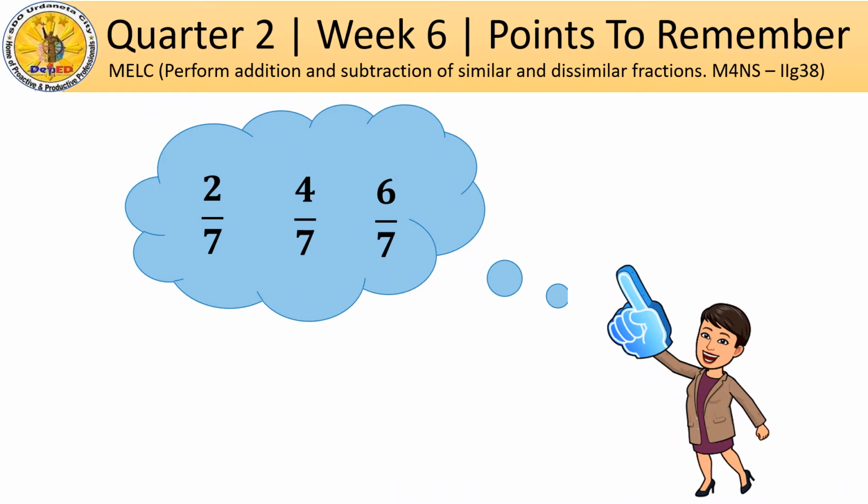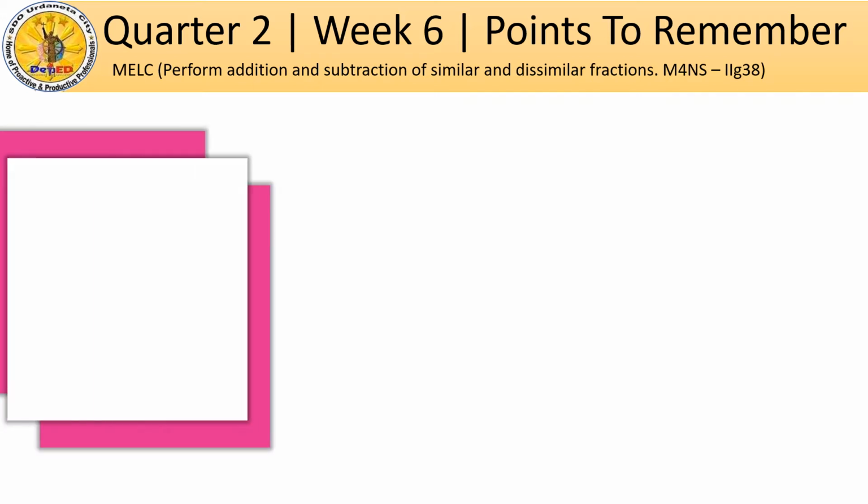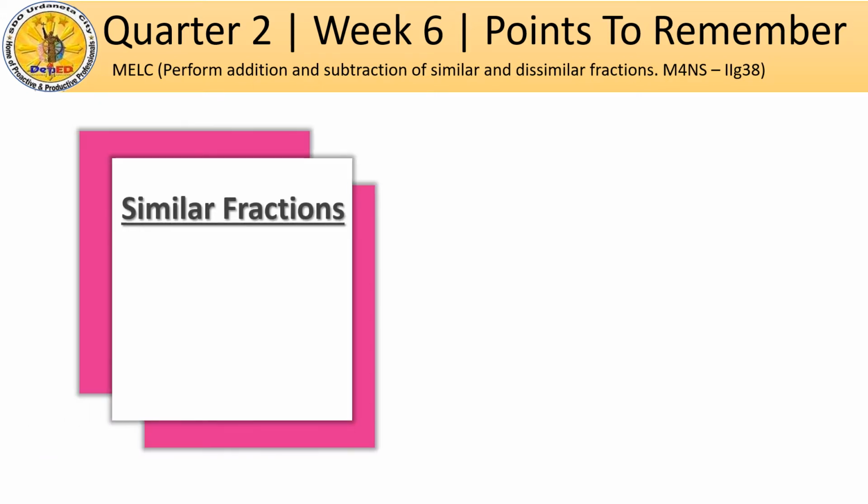What did you notice about the fractions? Yes, they have the same denominators, which is 7. This is an example of similar fractions. Similar fractions are set of fractions with the same denominators.